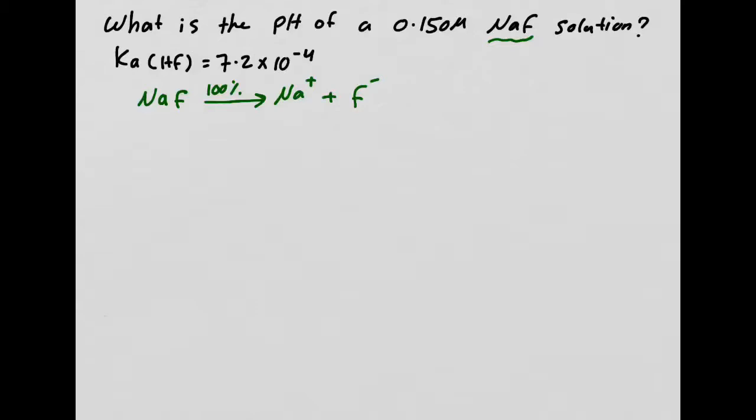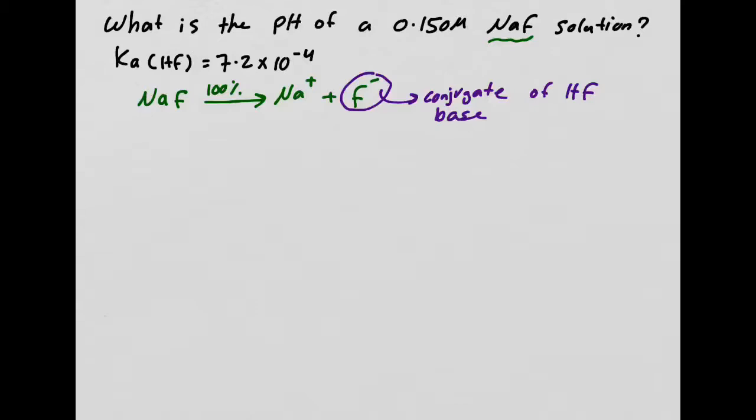Okay. Now, when you look at the F minus, what can you tell me about it? Think about our last lecture. F minus is the conjugate base of hydrofluoric acid, and we said the conjugate of a weak acid is basic.